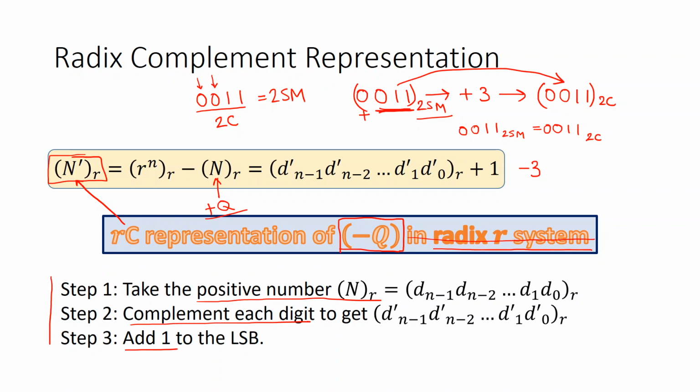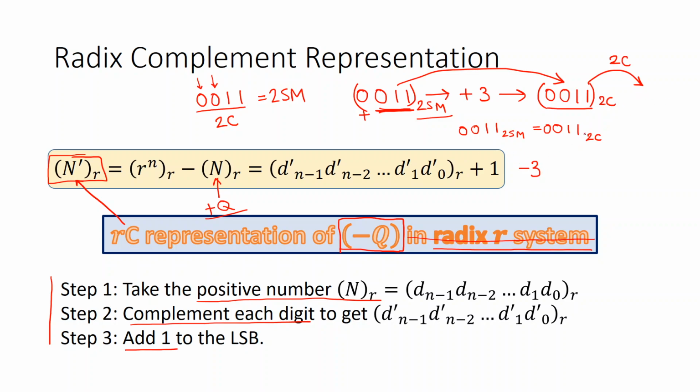So for a positive quantity, the sign magnitude and the radix complement are the same. So you get the 2's complement representation of +3. Now you take a 2's complement of this number and you see what you are getting.